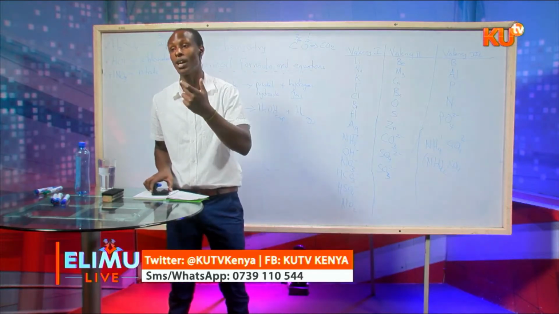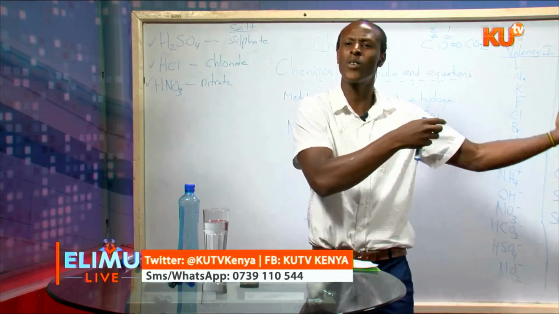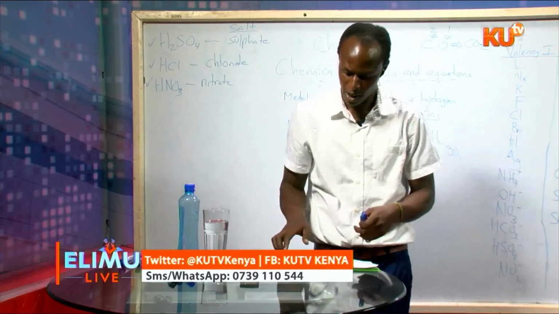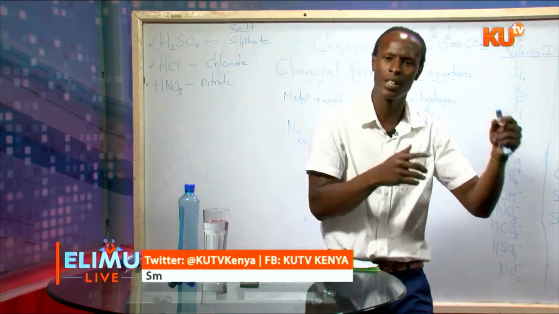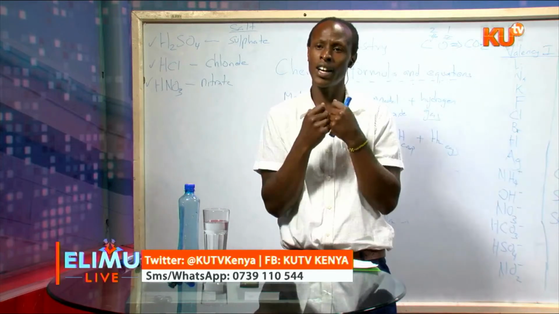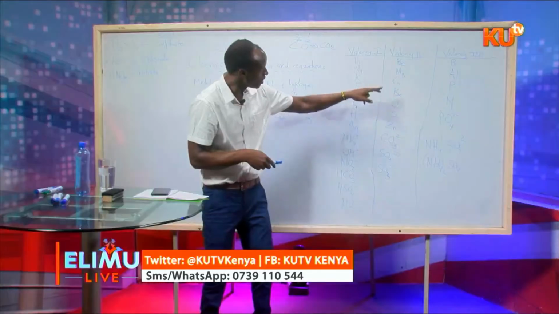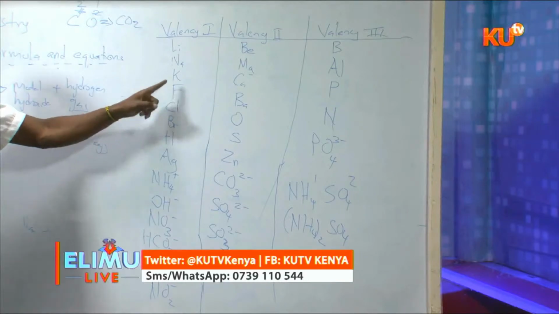When you lose electrons, you become positively charged. So electropositivity is the state of losing an electron. Electronegativity is the state of gaining an electron. One element will be more electronegative than the other. If it can gain an electron faster, it's more electronegative. Like fluorine. Fluorine is the most reactive halogen. It's the most electronegative.